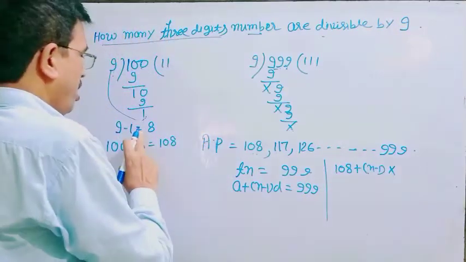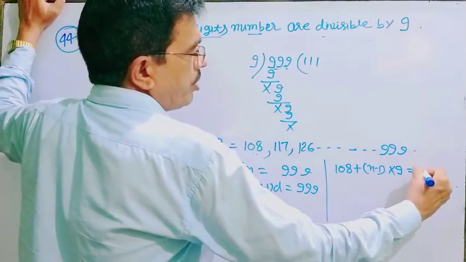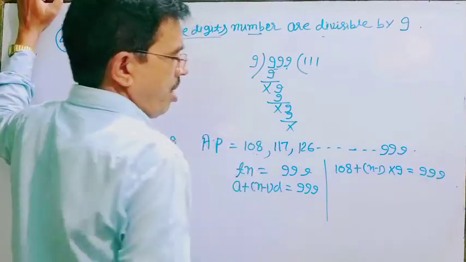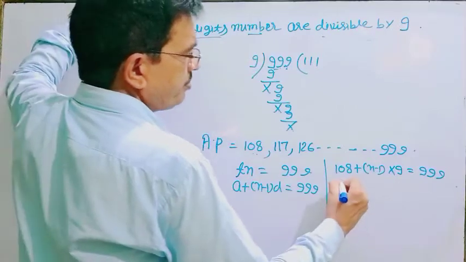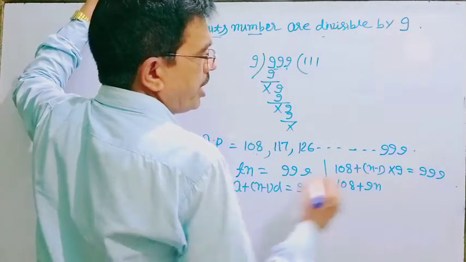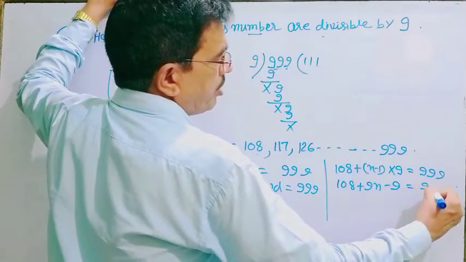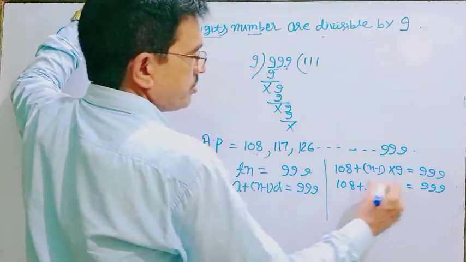What is d? The difference is 9. So 108 plus 9n minus 9 is equal to 999.